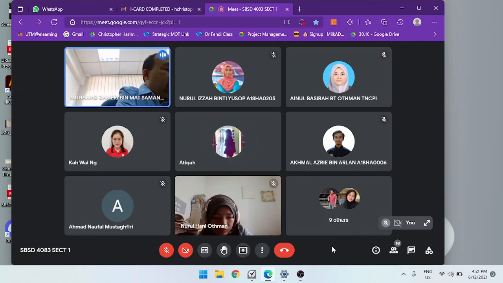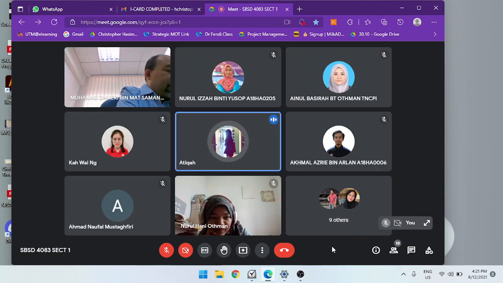So for your service learning, Hani, what are you doing? Cleaning the surau. Right, okay. Atika? Cleaning study room at College Perdana. Yes, cleaning. Zanita, do you know?